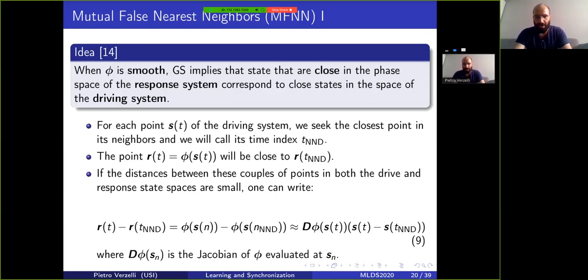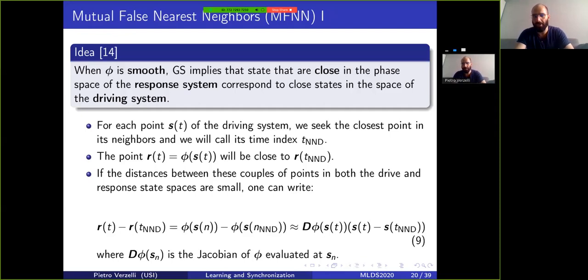So if they are smooth, you can linearly approximate it, and basically the problem reduces to the Jacobian in equation 9. Basically, you have this relationship that is approximately true, at least linear for small distances, because it's a linear expansion of the system, right?